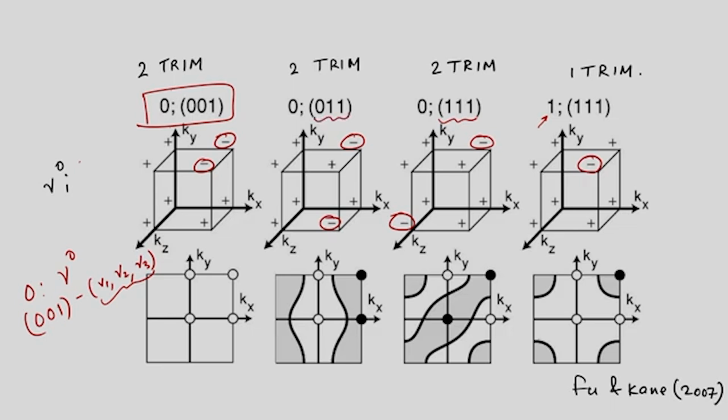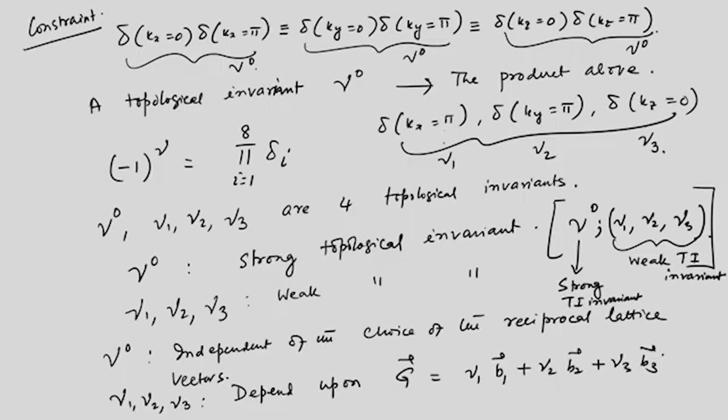They again depend upon delta kx equal to pi, delta ky equal to pi and delta kz equal to pi. These are the parity eigenvalues.